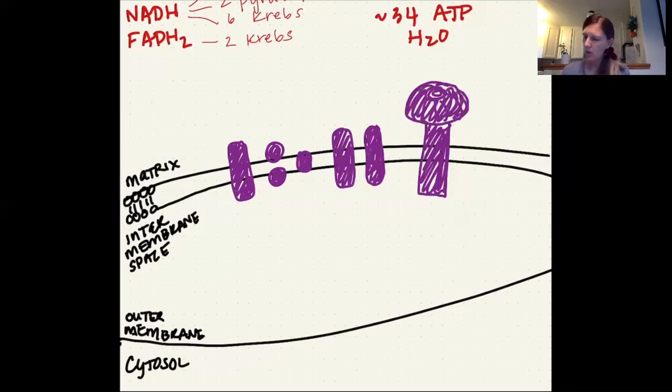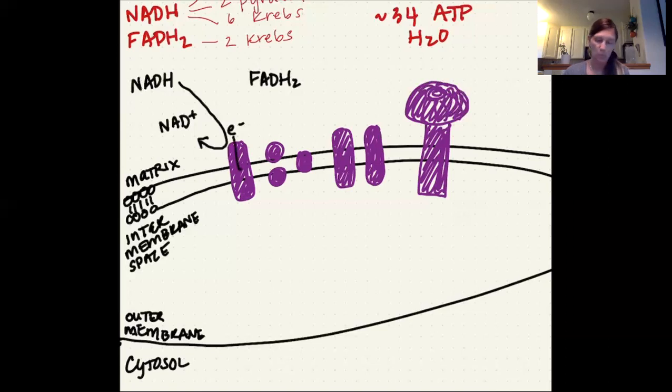Okay, so we have NADH and FADH2 that are going to come into this system, right? NADH is going to come in and become oxidized, right? When it becomes oxidized, it is going to donate electrons into the electron transport chain.